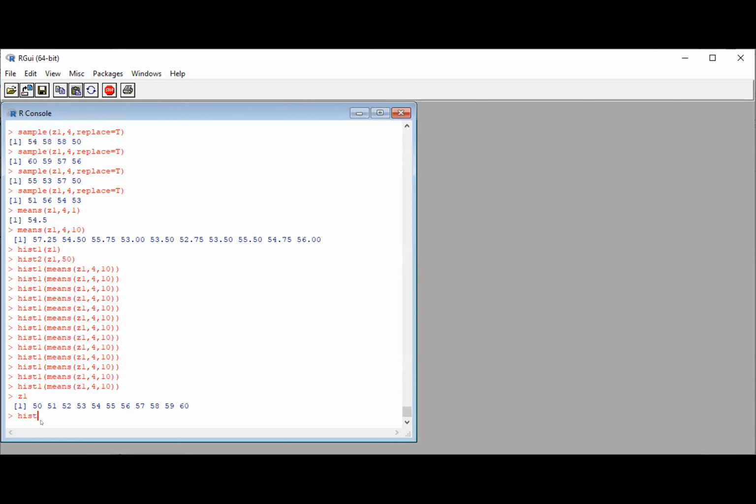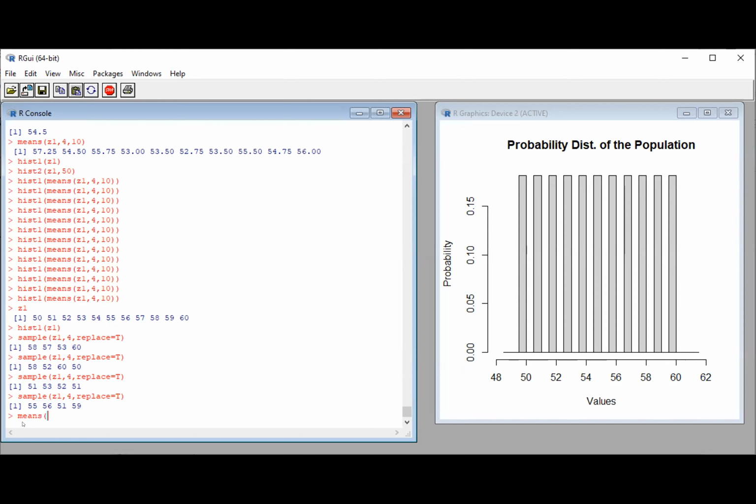It's a random sample. Next time I pick, I get some different numbers. Every time I get different numbers. So when I pick a sample, I can compute its mean, which I have computed with this function. You don't need to worry about it. I'm just going to show you that every time you pick a sample, you get a different mean. So I'm picking samples of size 4.